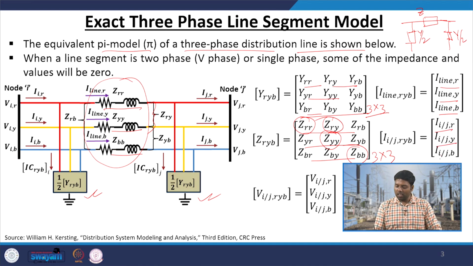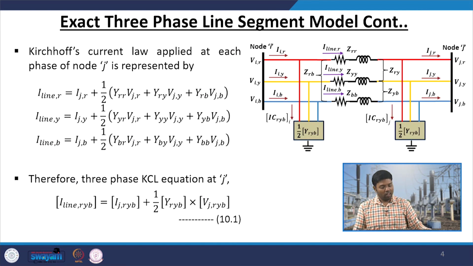Then you have the current injected at node I and node J, and these are your voltages at nodes I and J. So, keeping this in mind, we will start deriving our 3-phase line segment model.